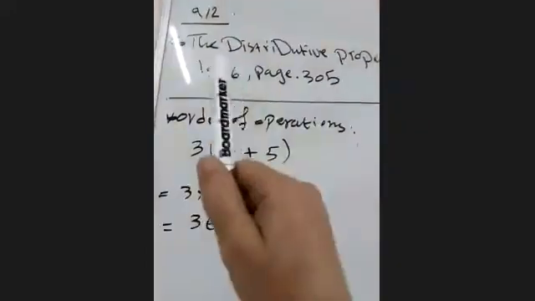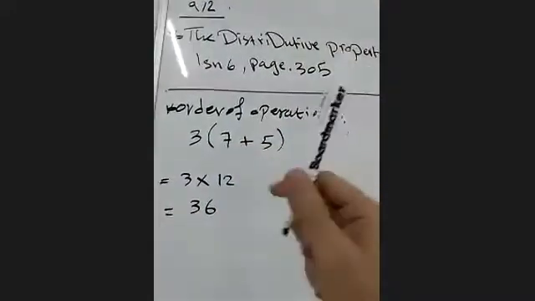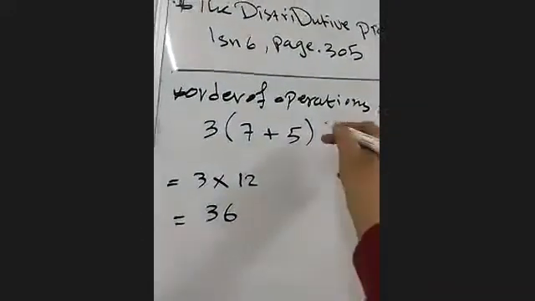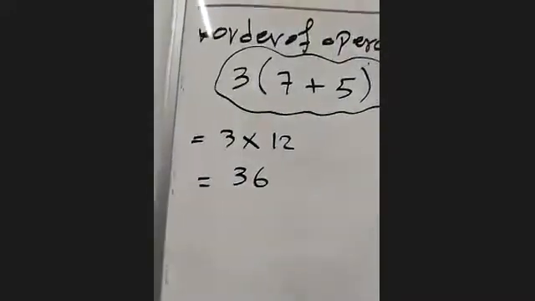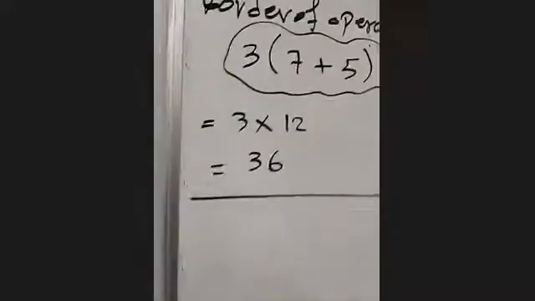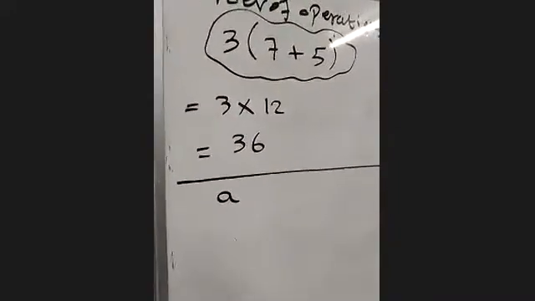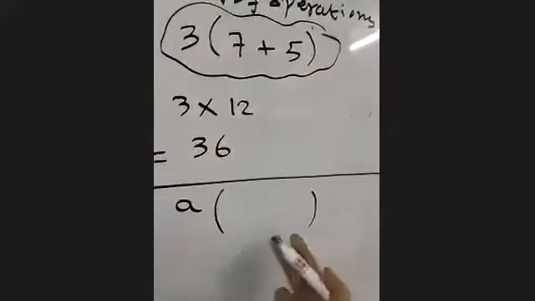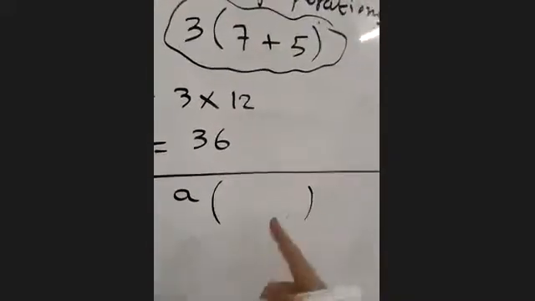But today we will do it using the distributive property, another way to solve this problem. Now in the distributive property, we have something like a number, let's call it A, multiplied by parentheses.